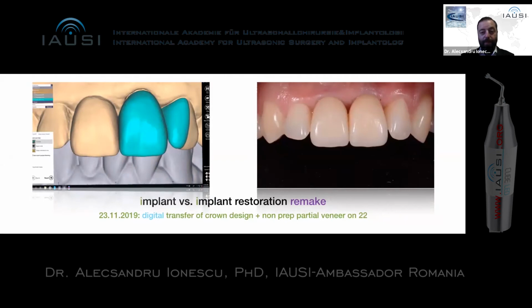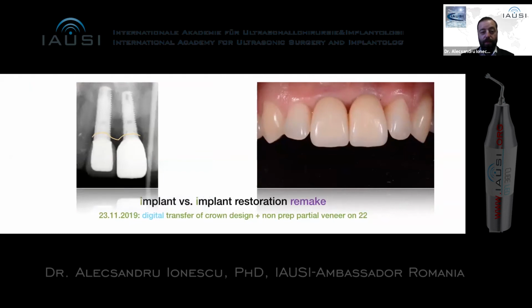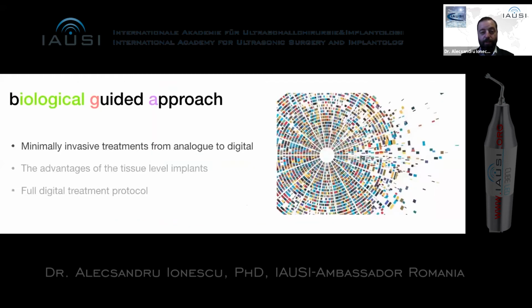So this is how we did it in the end, and you can see a comparison: one crown is layered ceramic on zirconia, and the other one, as we just copied it, is a full zirconia crown with this new generation of monolithic zirconia that you can stain and look very natural, as you can see.